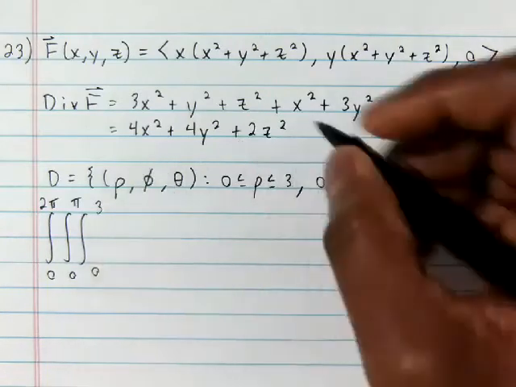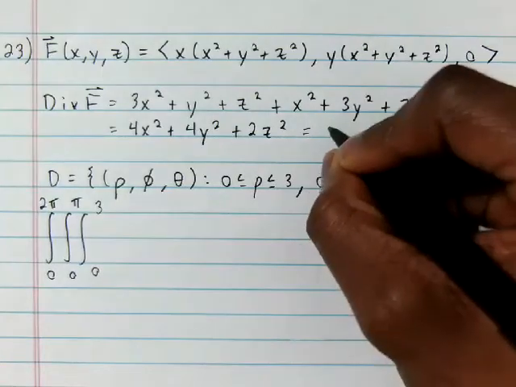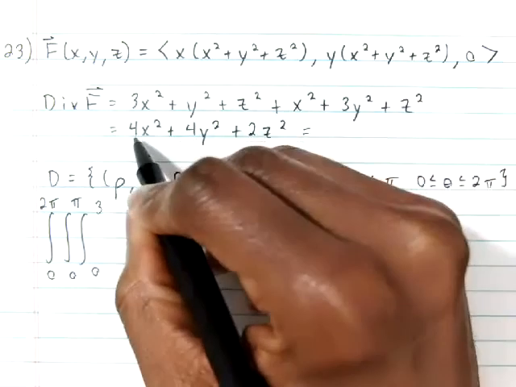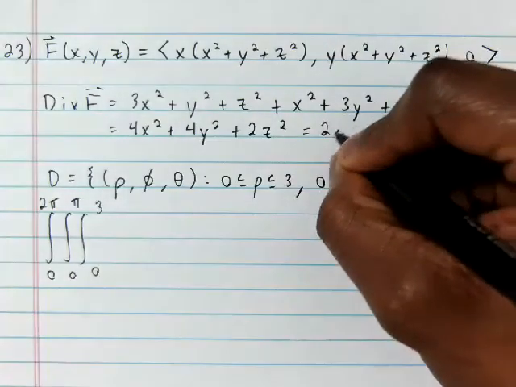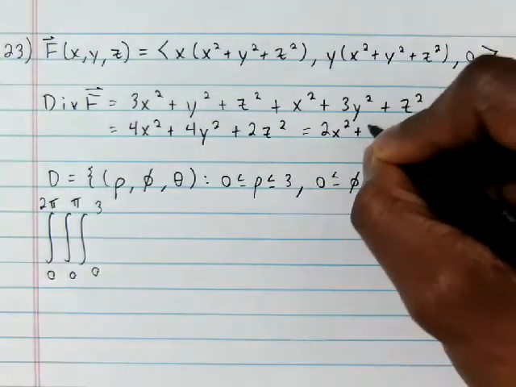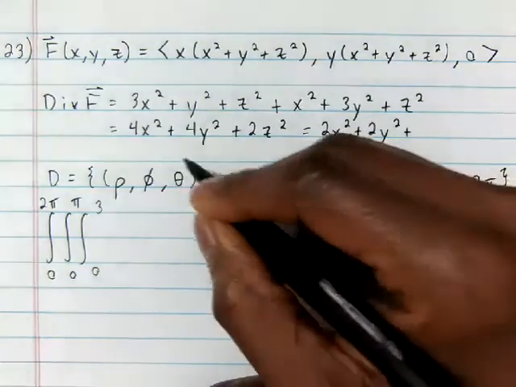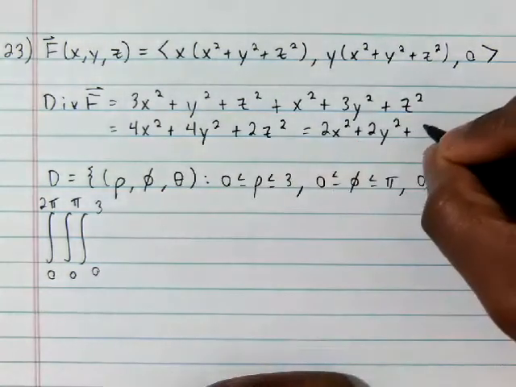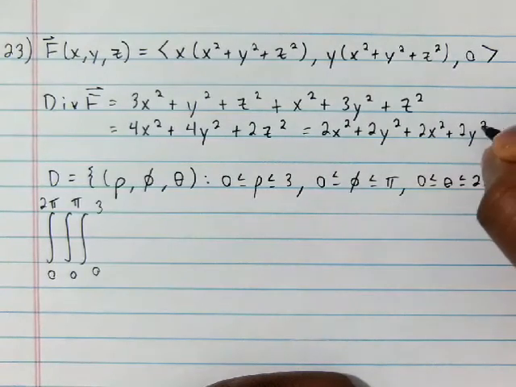Actually, let's unsimplify that a little bit. Let's take 4x squared plus 4y squared plus 2z squared and write it as 2x squared plus 2y squared plus 2x squared plus 2y squared plus 2z squared.